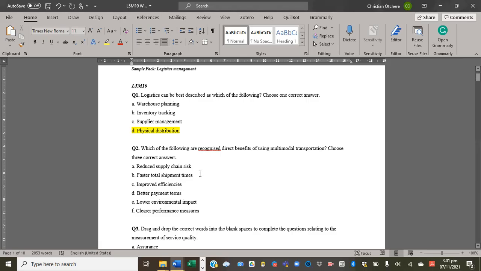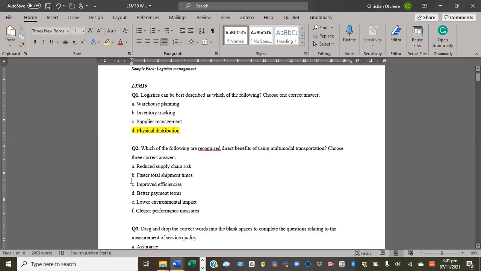The direct benefits, usually, if you look at reducing supply chain risk, is very broad. Faster total shipping times: if it is slower, it's a risk. Goods will not be delivered on time, and that's also a risk.